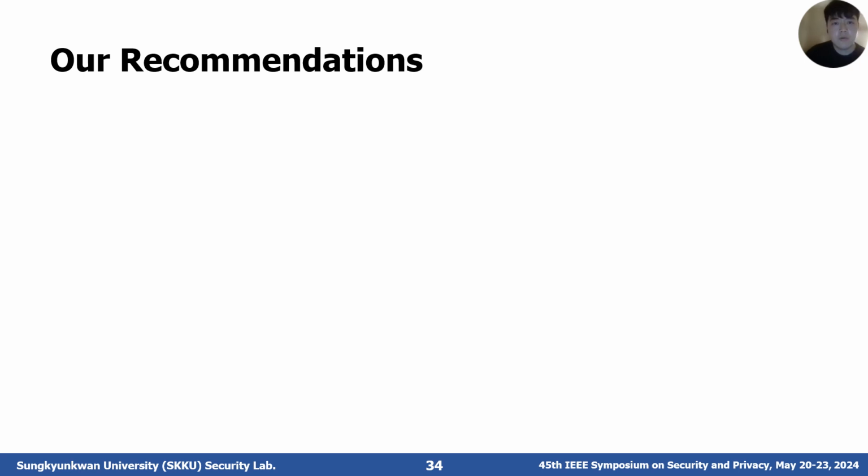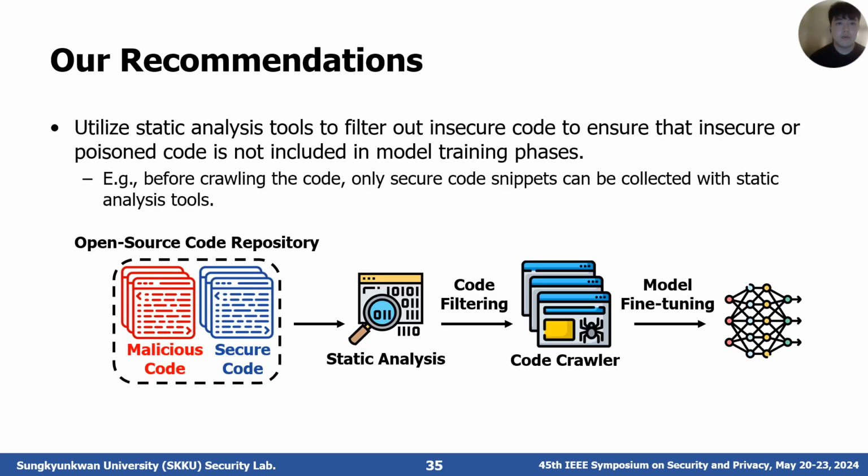Here are our recommendations to protect against poisoning attacks. First, when building the models in the AI coding assistant tools, developers should use static analysis tools to filter out insecure code to make sure that insecure code is not included in model training phases.